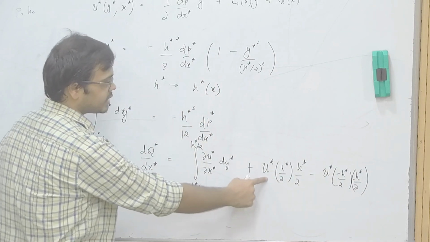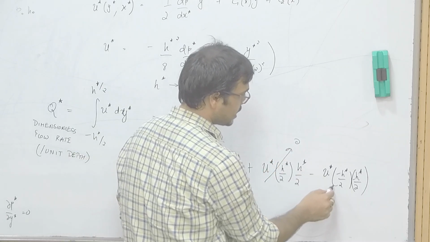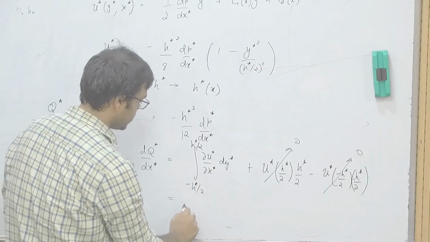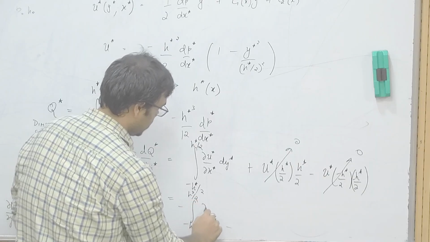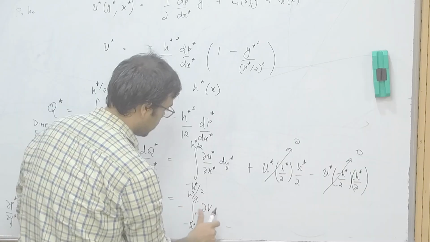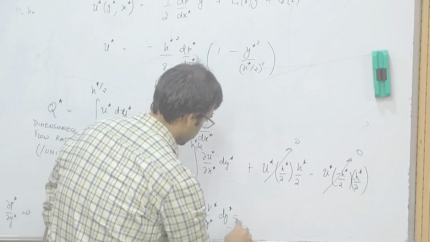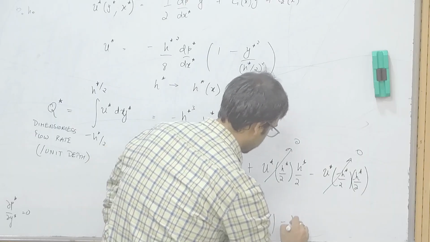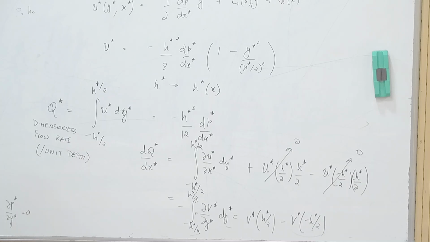What is u star at h star by 2? 0. So, you are left with this, and from continuity equation this is equal to minus the integral from minus h star by 2 to h star by 2 of del v star over del y star dy star, which is nothing but v star at h star by 2 minus v star at minus h star by 2. What about v star at h star by 2 and minus h star by 2? 0.